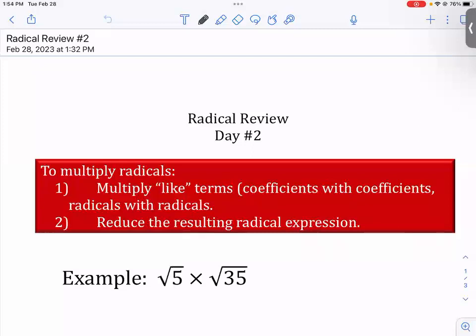Okay. Today we are going to talk about multiplying and dividing radicals.